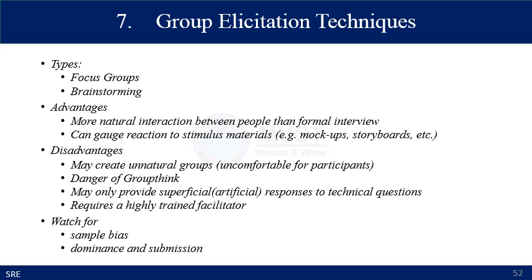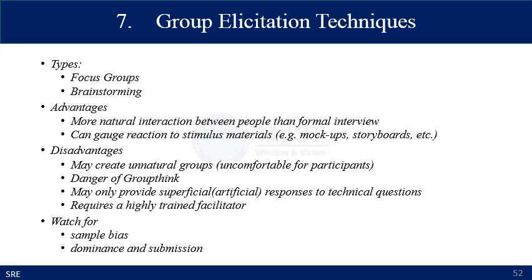However, there are still disadvantages when creating teams. You can select unnatural groups, with uncomfortable participants who may not interact with each other very well. You can also select a group which thinks similarly, and you may only get superficial responses to technical questions, and it requires a highly trained facilitator for the groups.